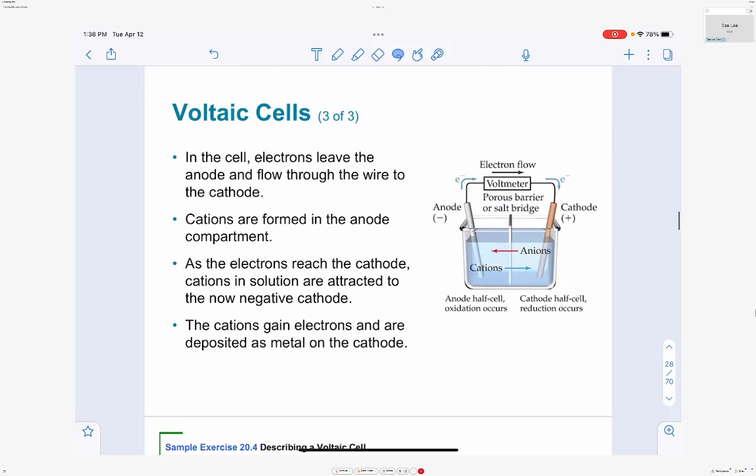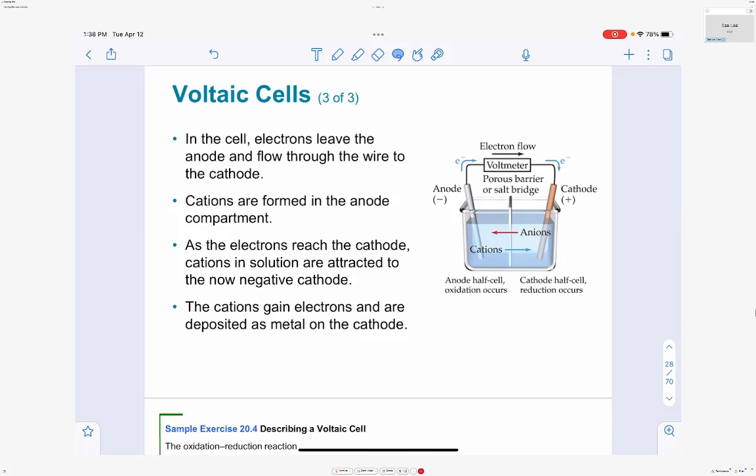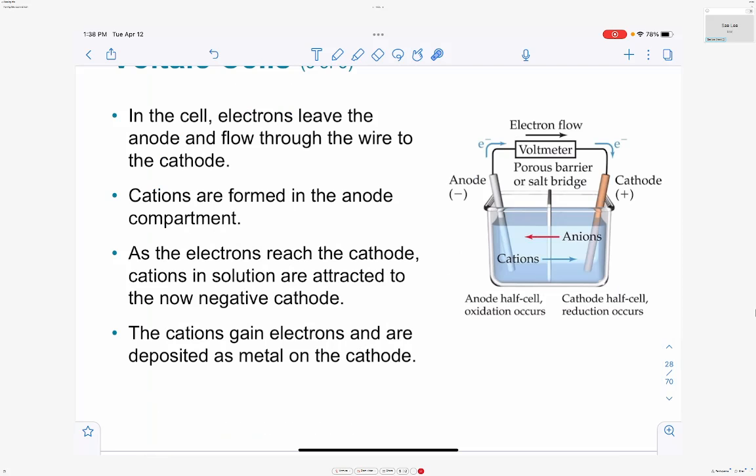All right, and here is a general diagram of any voltaic cell. The electrons move from anode to cathode, and when electrons reach the cathode, the cations swimming in the right side half cell will attach to the cathode and receive the electrons that have flowed into the cathode.